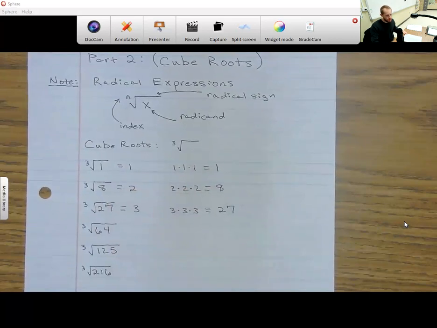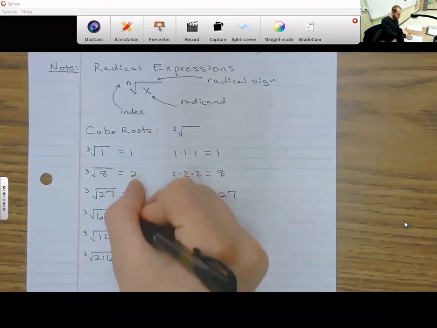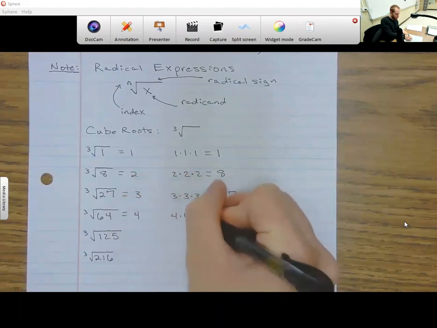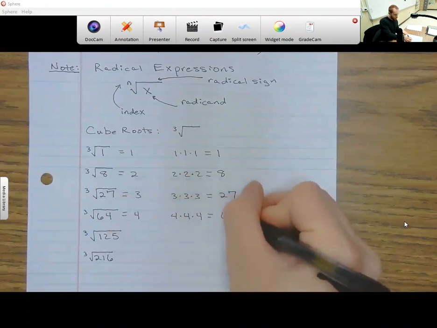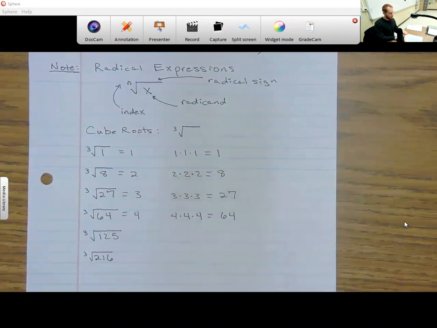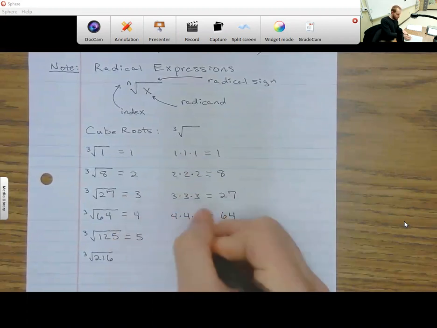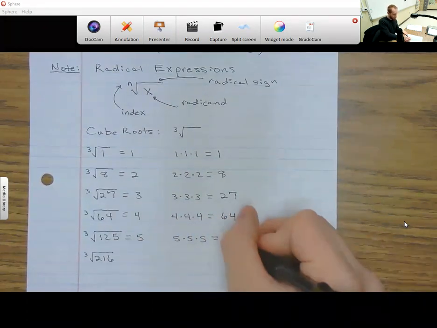Okay, so now let's do the last 3. The cube root of 64 is going to be 4, because 4 times 4 times 4 is 16 times 4, which is 64. Cube root of 125 is going to be 5, because 5 times 5 times 5 gives me 25 times 5, which is 125.